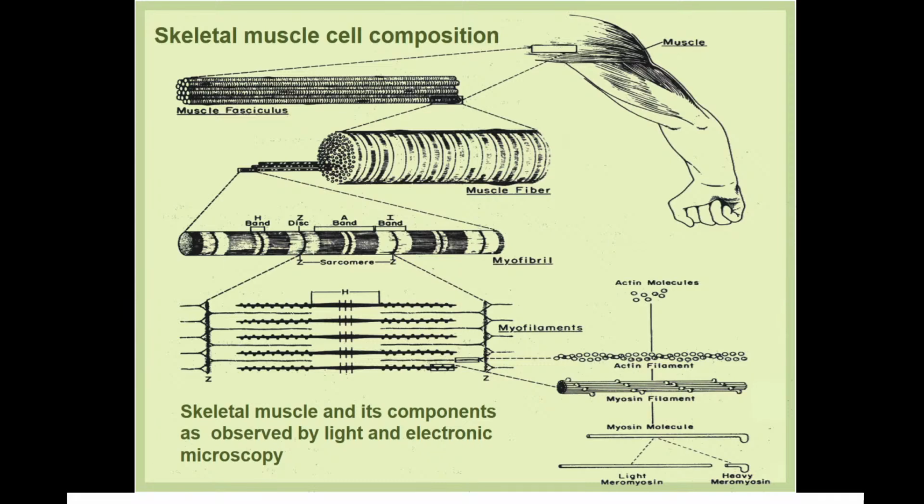Thin filaments, you can see, are strongly attached to the Z lines. They contain three kinds of proteins: actin, tropomyosin, and troponin, and are approximately 5 nanometers in diameter and 1 micrometer in length.